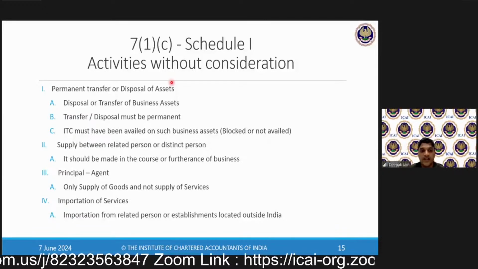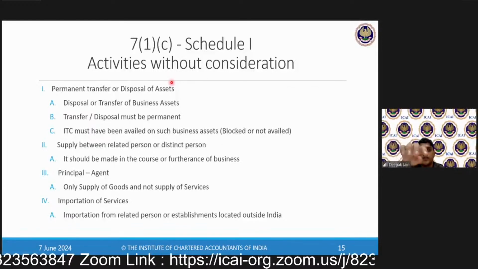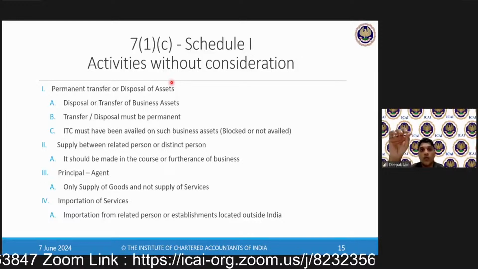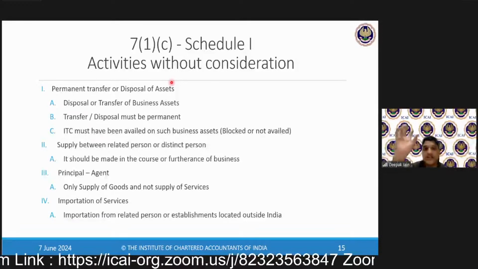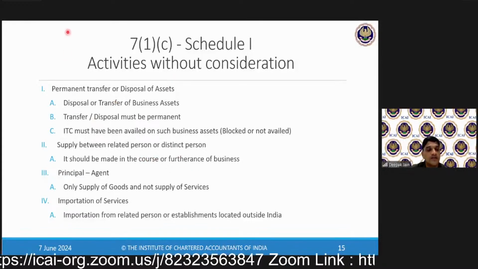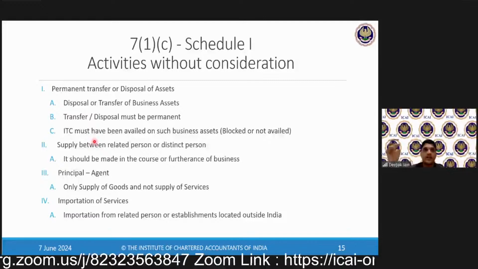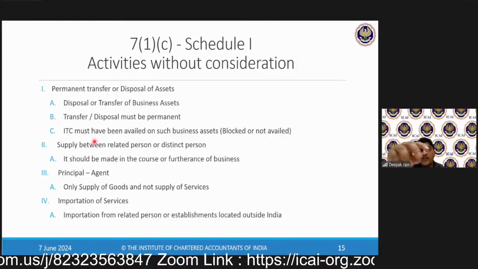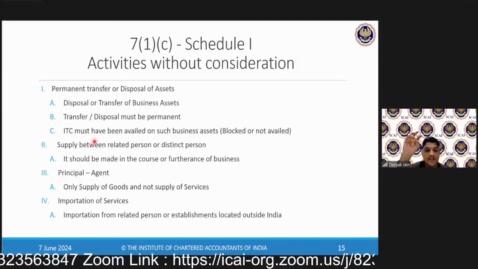That's the reason they've said that any transaction between related person or distinct person will be under Schedule 1 and it is an activity without consideration still liable to GST. Got it? Third is a transaction of principal and agent. When you supply anything between a principal and agent, still the price will be influenced. That's why if there is no consideration, still liable to GST.